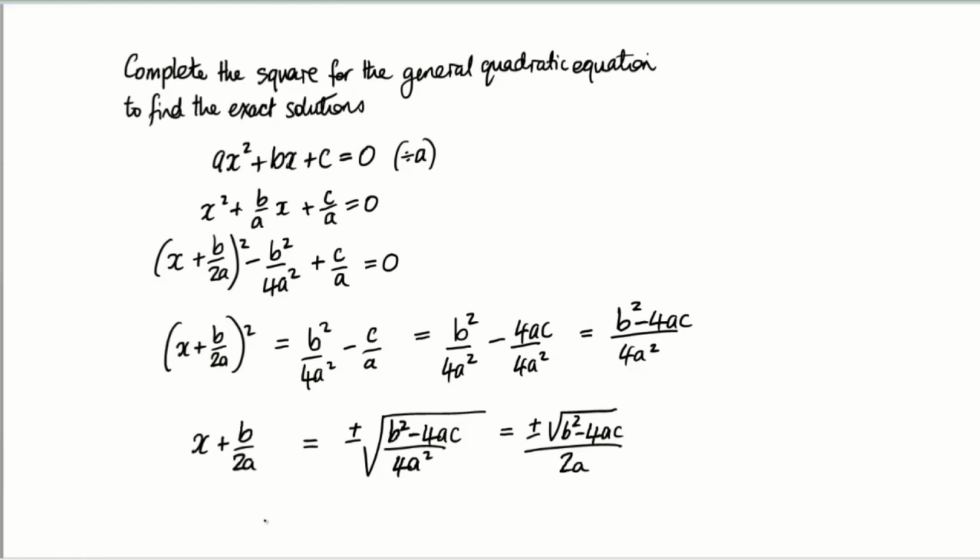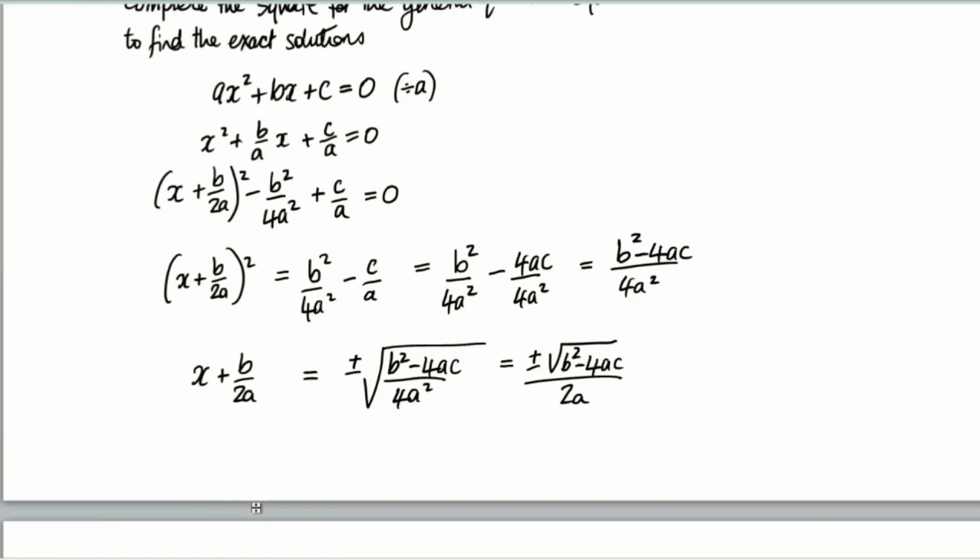I'm nearly there. And I'm nearly out of room. So I subtract b over 2a from each side. So x will equal minus b over 2a plus or minus square root b squared minus 4ac over 2a.